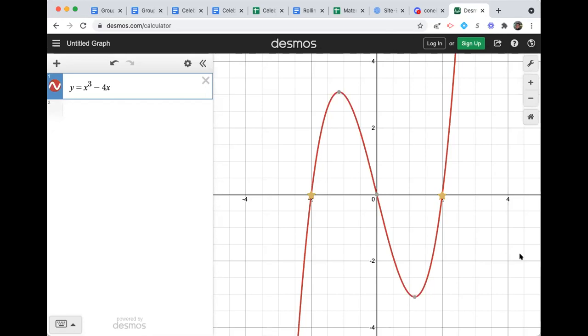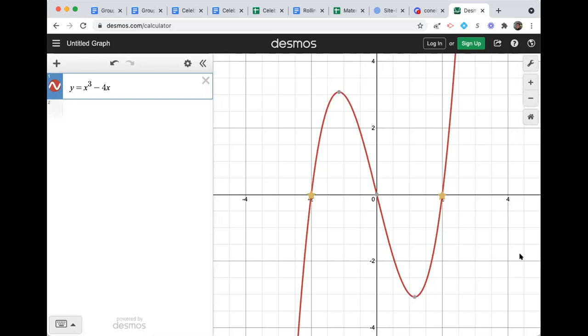Right? It is nice and smooth, no sharp turns. Is f of b equal to f of a? Sure is, right? Both stars are right on the x-axis, meaning they both have a y value of 0. Okay, so let's keep that in mind.